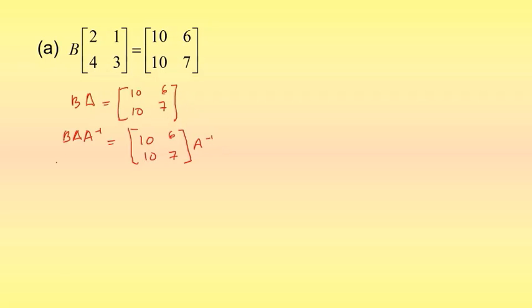So this one we change with the matrix just now. Okay, B, A times A inverse is identity. Okay, so on the right hand side.